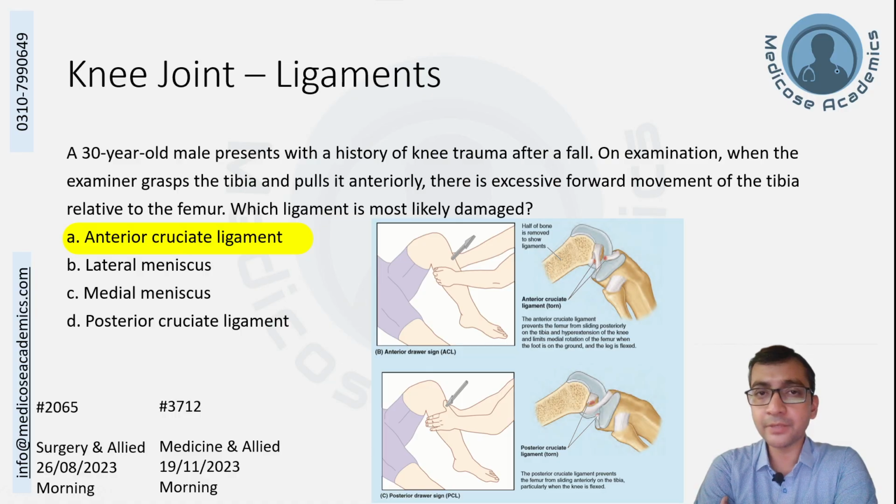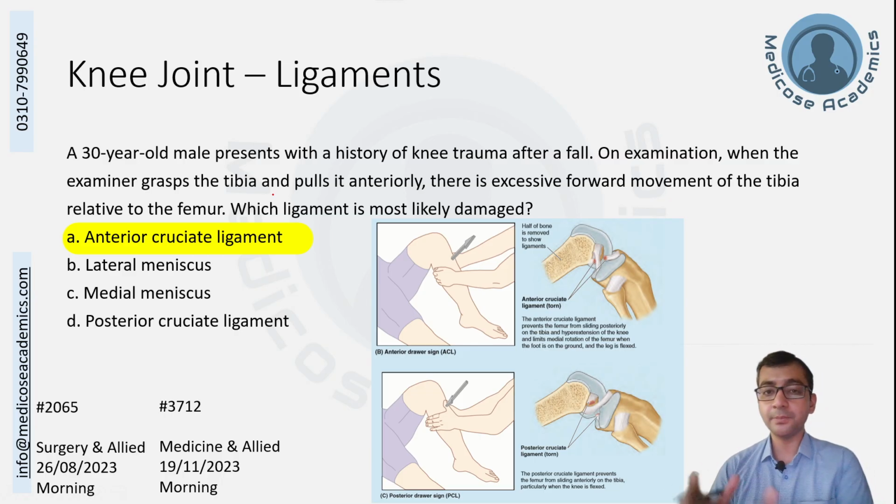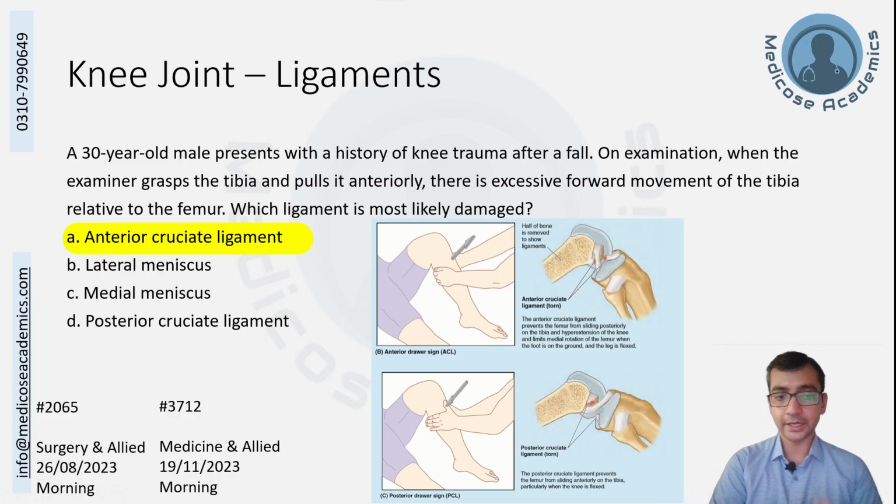Anterior cruciate means anterior movement of the tibia on the femur. In other words, it means posterior movement of the femur on the tibia. So that is a question that becomes difficult sometimes due to this difference between movement of the tibia relative to the femur or movement of the femur relative to the tibia.